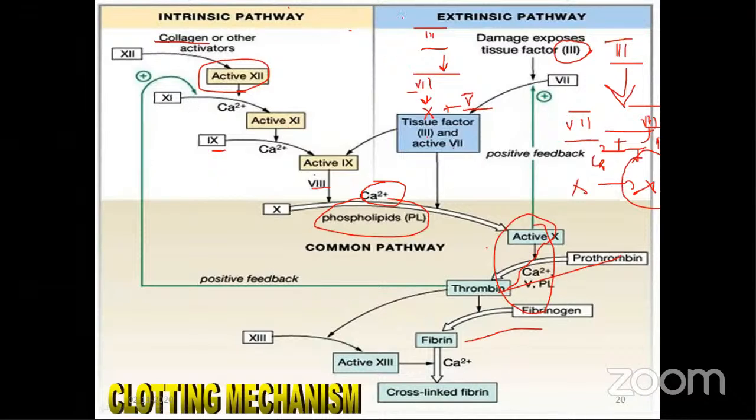It involves which factors? Factor 12, factor 11, factor 9, factor 8, and of course factor number 10 and factor 5. These are again very important factors which promote formation of prothrombin activator via the intrinsic pathway.